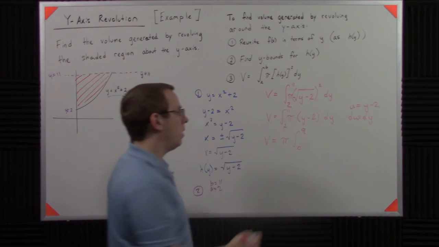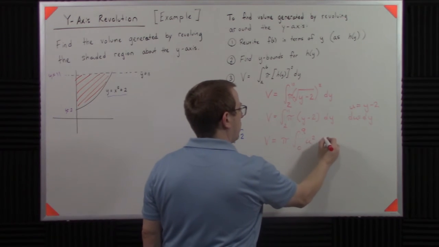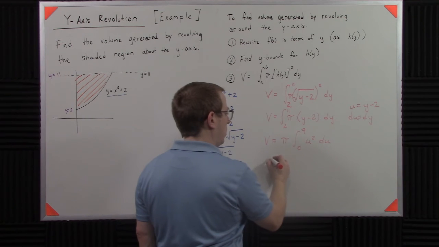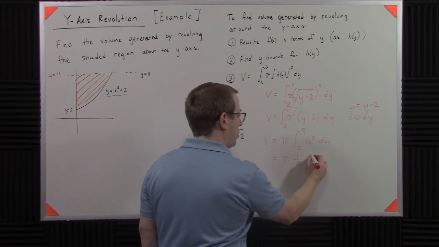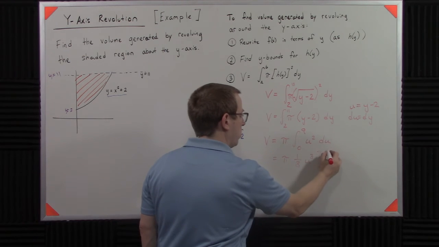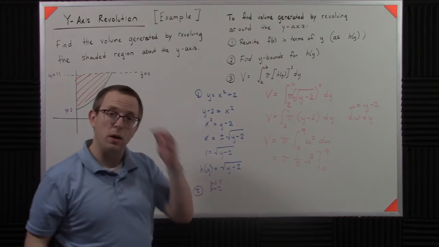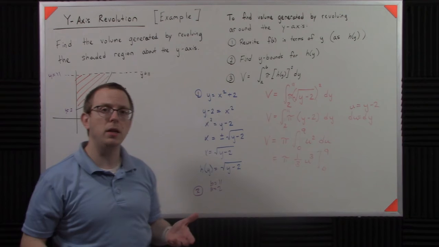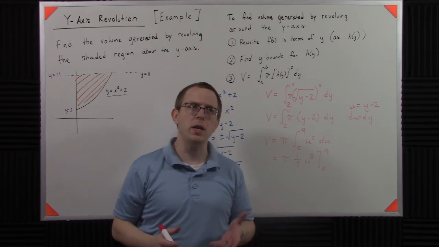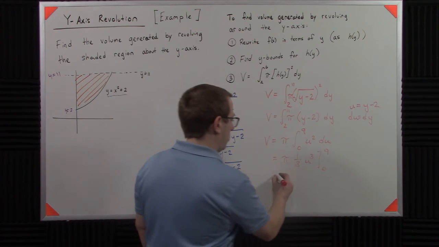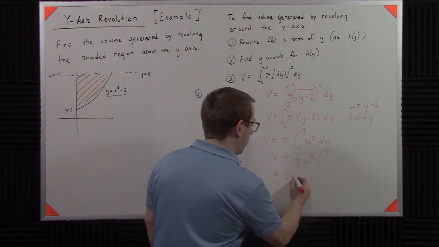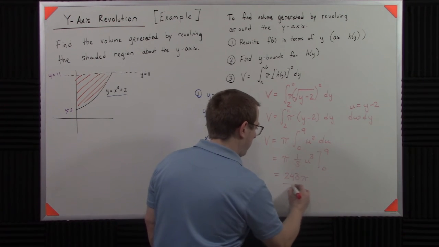By plugging in there, I get the integral of u du, which gives pi times one half u squared from 0 to 9. And we know that 9 squared is 81, divided by 2 would be 81 over 2, giving us 81 pi over 2.